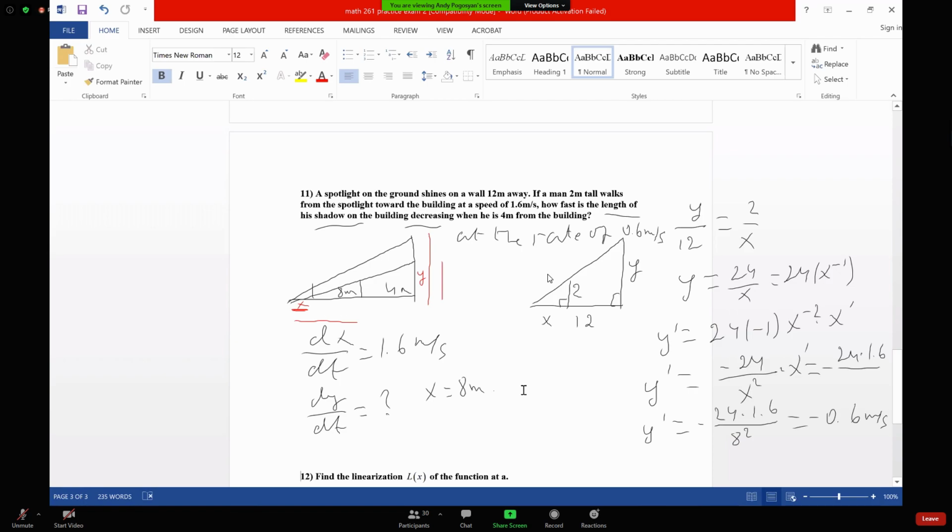So if he reaches this point, this is 4 meters. But x is this part, so it's 8 meters. x is the distance the person is walking towards the building. It's not the distance from the building to the person.